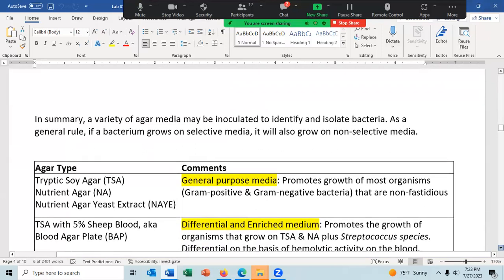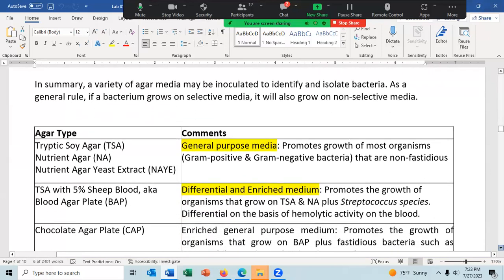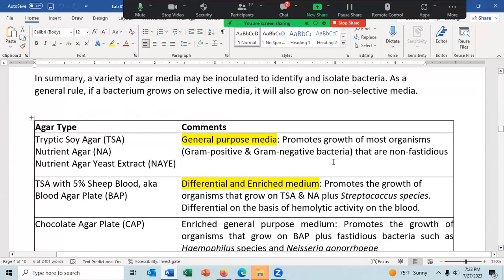All right, this table is summarizing the different types of media: the general purpose media, tryptic soy agar, nutrient agar, and then nutrient agar with yeast extract. It's also got the enriched media, which is blood agar and chocolate agar, and it's enriched because it has blood added to the general purpose media.